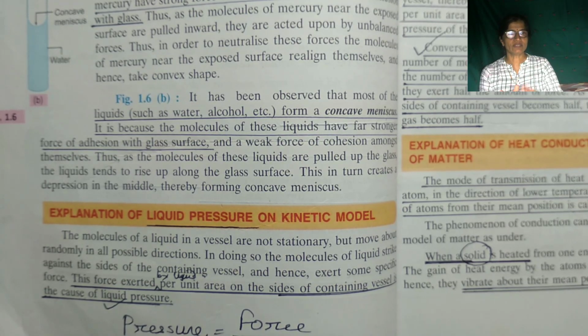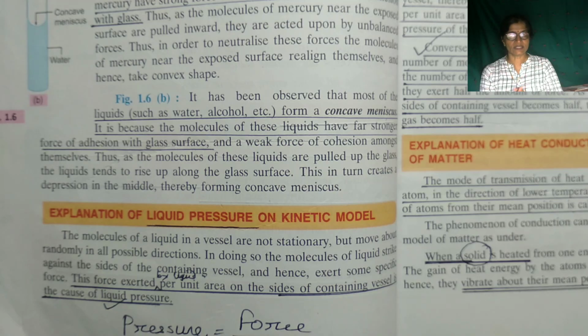They are continuously moving within the containing vessel, in all directions, and in doing so these liquid particles strike against the wall of the containing vessel and hence exert some kind of force.